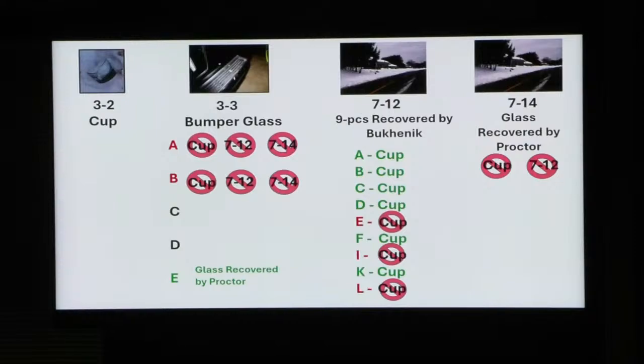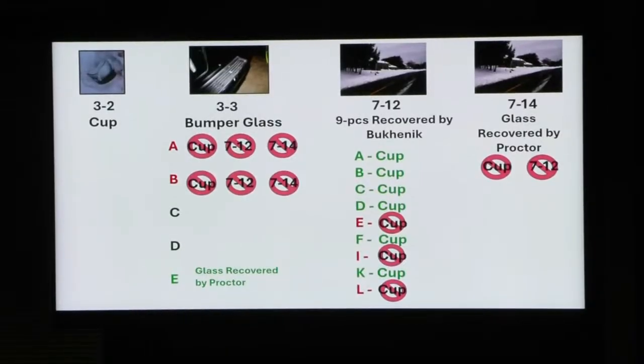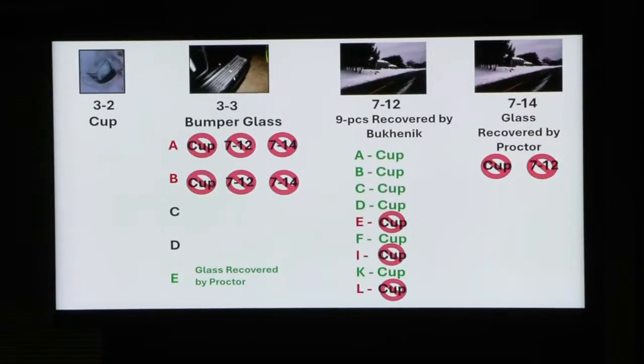Moving back to category 2, however, there was one thing, item E, that did match something in this series of categories. Isn't that right? Not a physical match, but instrumentally there was consistency. All right. And this was the only piece of bumper glass to match anything else in your analysis. It was consistent with what?